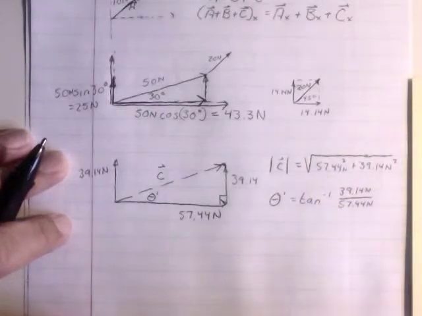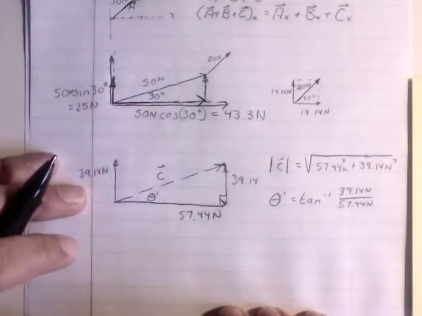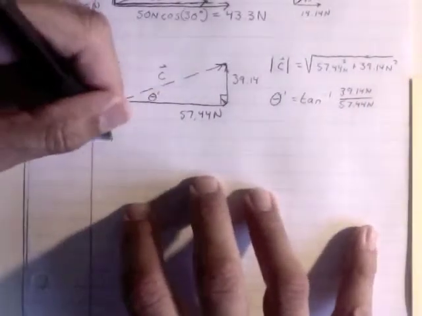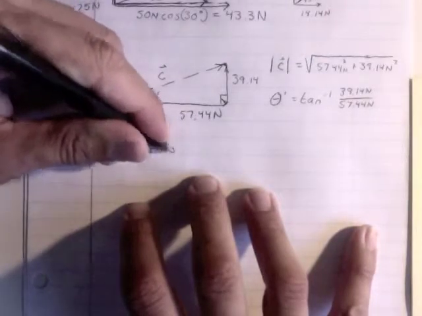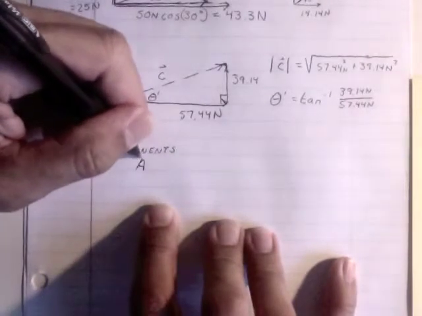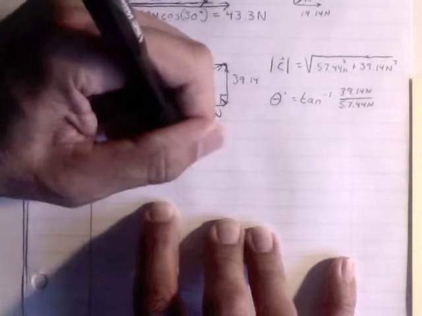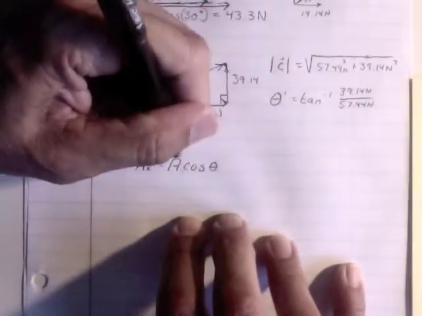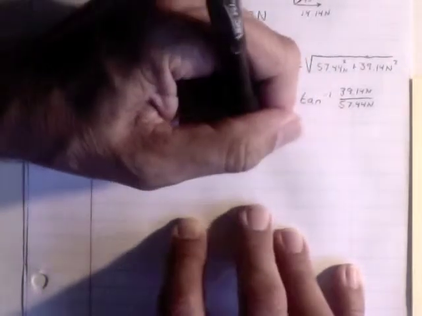So the big relationships, and we do this an awful lot, you're going to see this over and over, are to find components. A sub x is going to be the magnitude of A times the cosine of theta.